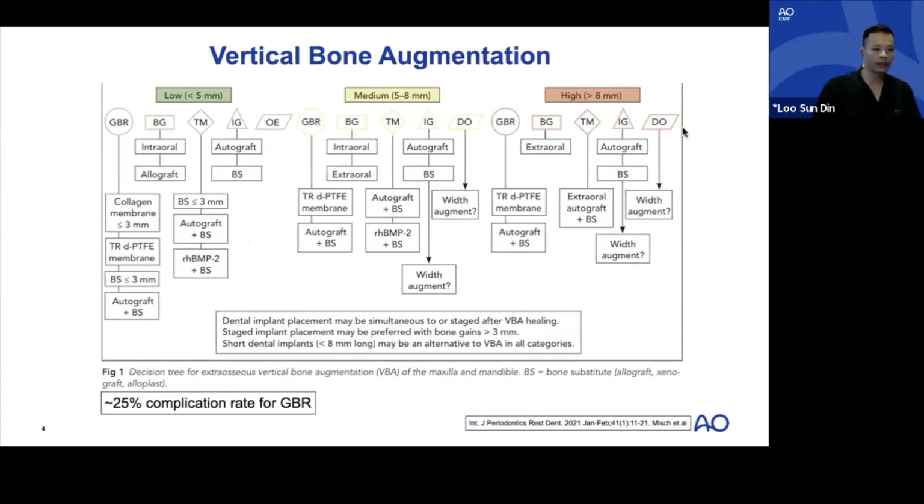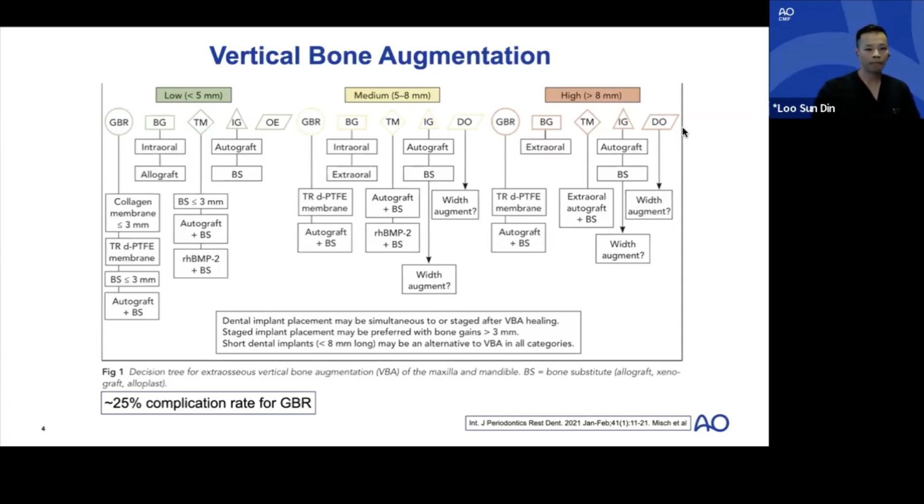If you look at it, guided bone regeneration, block graft, titanium mesh graft, interpositional graft, orthodontic extrusion, all the way to distraction osteogenesis. It provides a really great starting guideline and runs the gamut of what materials we have, in terms of collagen membrane, titanium-reinforced dense PTFE. It also touches on autograft and bone substitute.